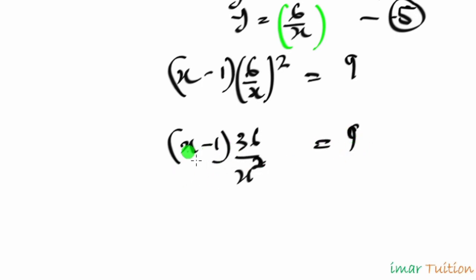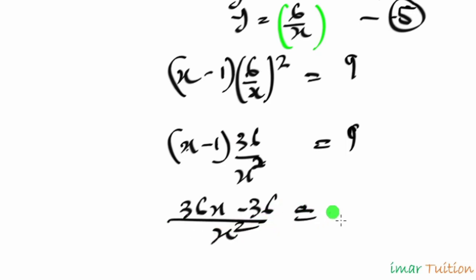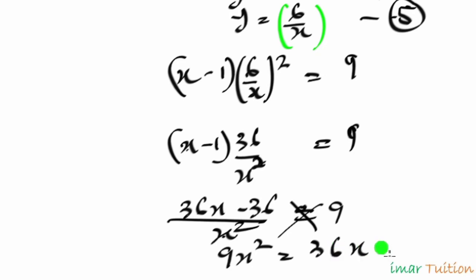From here, if you expand this bracket, x times 36 will give you 36x, minus 1 times 36 will give you 36, all over x squared, to be equal to 9. If you cross multiply, you have x squared multiplying 9 to give you 9x squared to be equal to 36x minus 36.